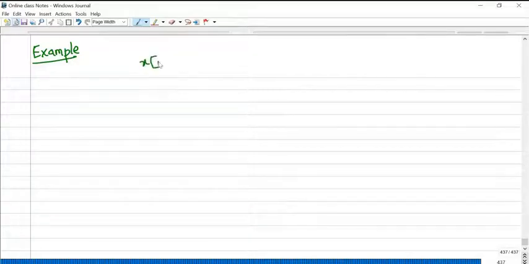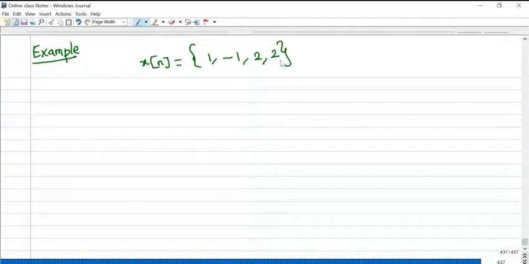Next, if the sequence is provided, how do we find the DTFT? Find the DTFT of 1, minus 1, 2, 2. So far we solved the DTFT for given signals like u of n, delta of n, u of n minus k, delta of n minus k, a power n u of n, delta of n plus 2 minus delta of n minus 2, and so on.